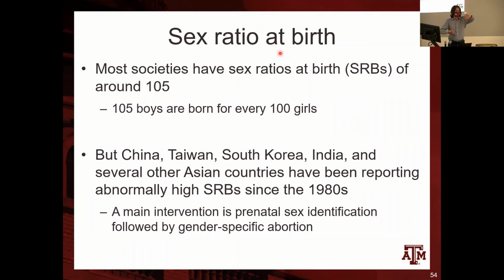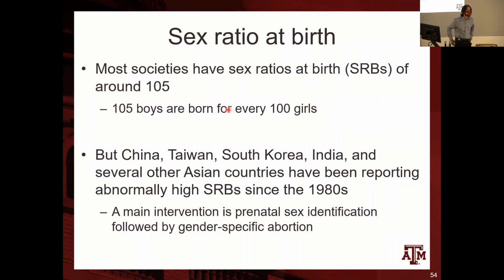So it's pretty much the number of boys born in a specific country, in a specific year, divided by the number of girls, multiplied by 100. Most societies have sex ratios at birth of around 105. What does it mean? That 105 boys are born for every 100 girls.